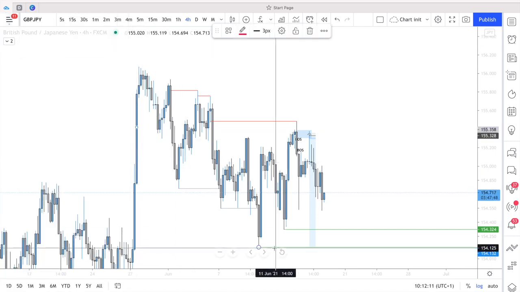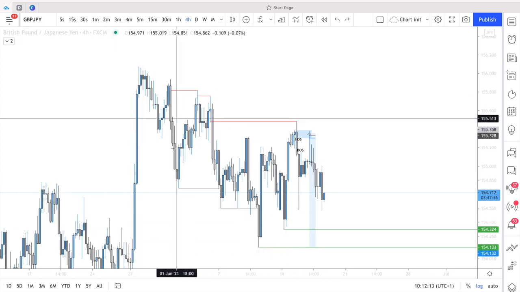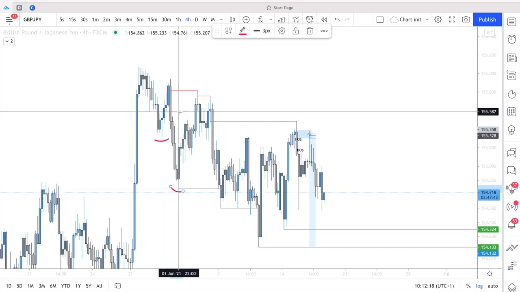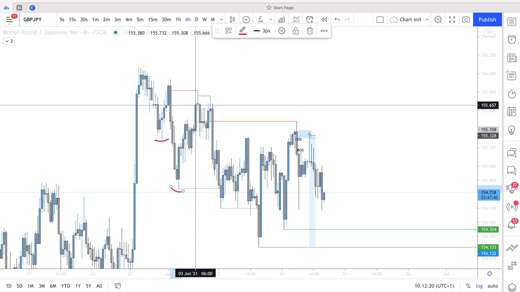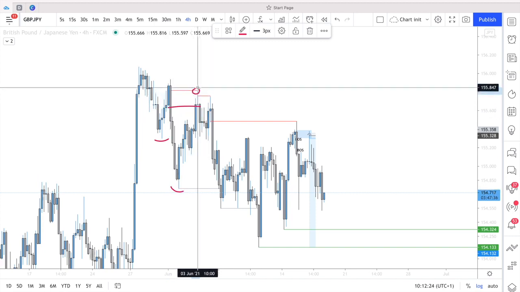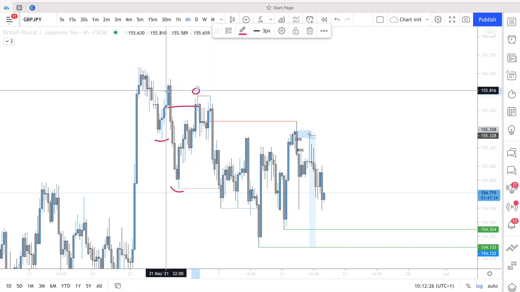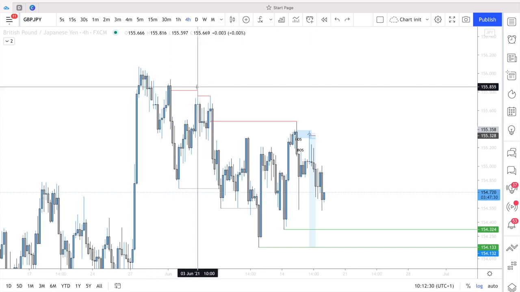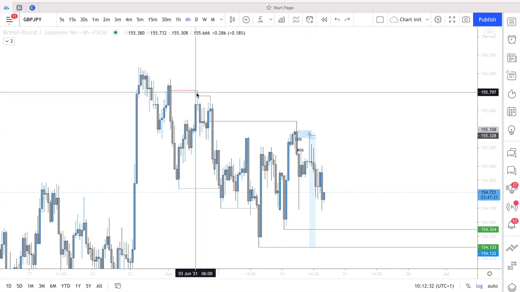What we can safely see in this situation is that we've got a breaker structure. Here, we can take a trade off this. Now, this mitigated the OB. The last point of mitigation was that wick there.